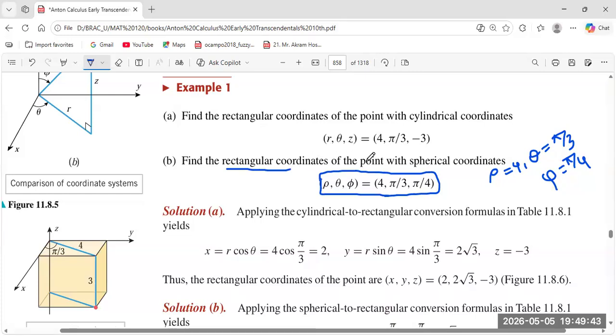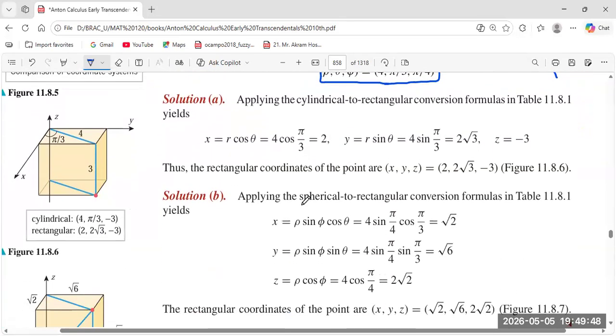So for the rectangular coordinate system, we saw a little earlier that the formula from spherical to rectangular coordinates is x is equal to rho sin phi cos theta.